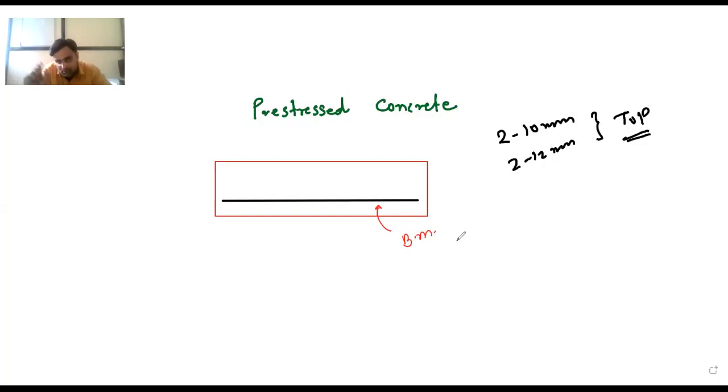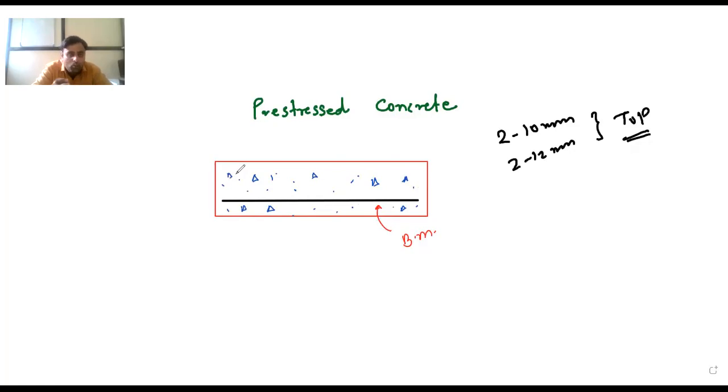You know that big formula, Ast is equal to, and from that we provide the number of bars. And the steel and concrete act together. So here concrete is there, we show the concrete in this way. So this is the concrete and steel. This is our normal member, our normal concrete.